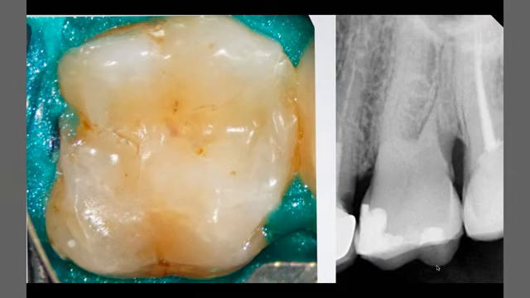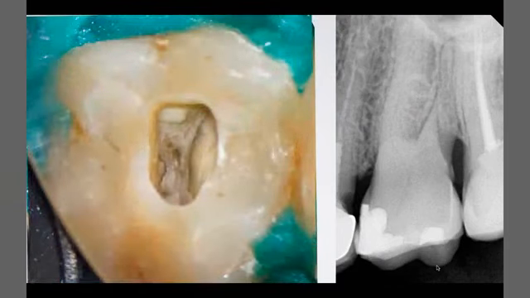So in such cases, we have to do the root canal treatment. As usual, initial outline, and you can see here clearly the calcified tissues. The reparative dentine, the tertiary dentine, are totally deposited in the pulp chamber, blocking all the floor and also the orifices.